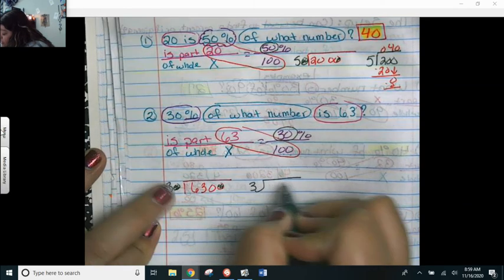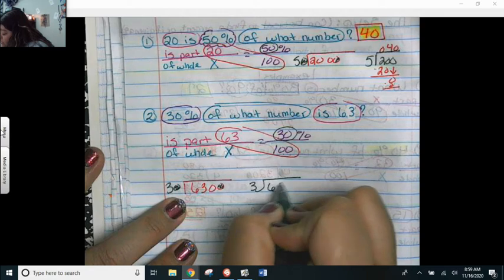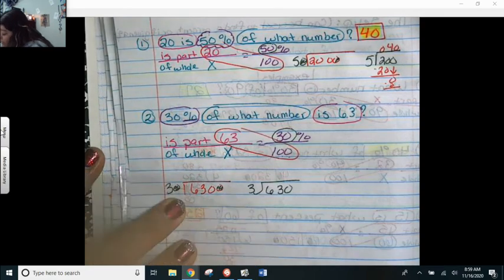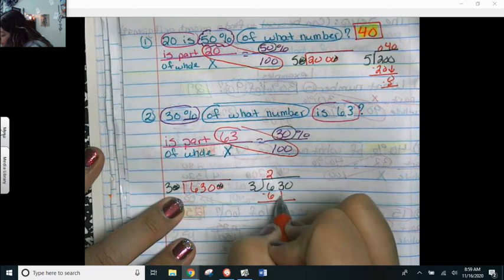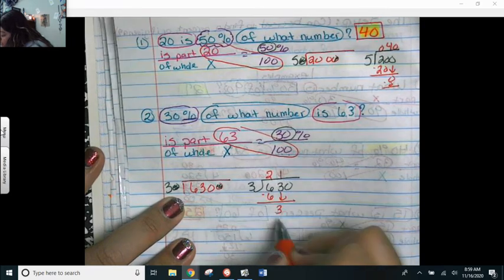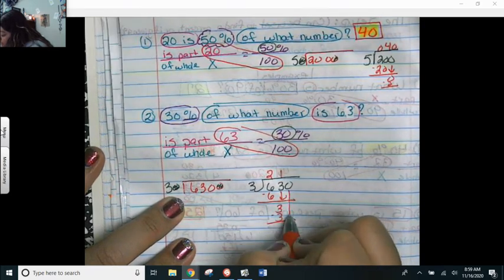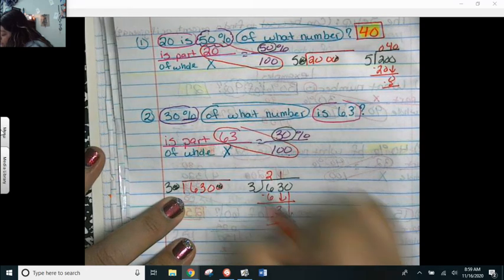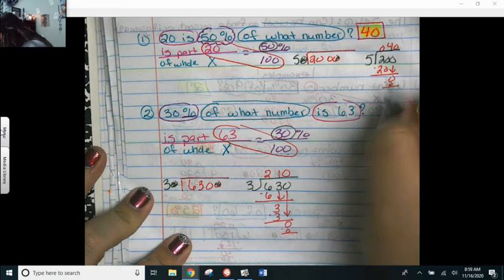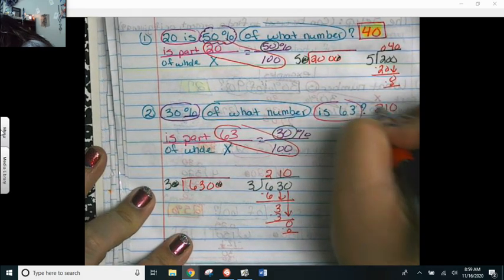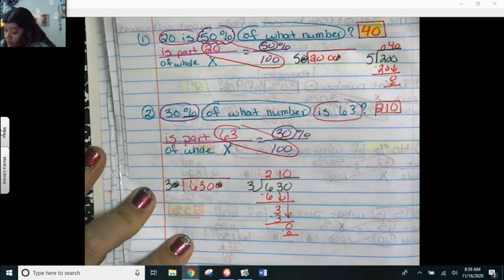So I'm really doing 30 divided into 630. 3 goes into 6 2 times. 3 goes into 3 1 time. Don't forget that 0, it is part of the whole number, and 3 goes into 0 0 times. So 30% of 210 is 63.